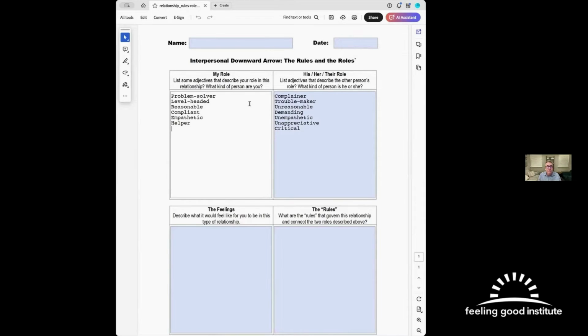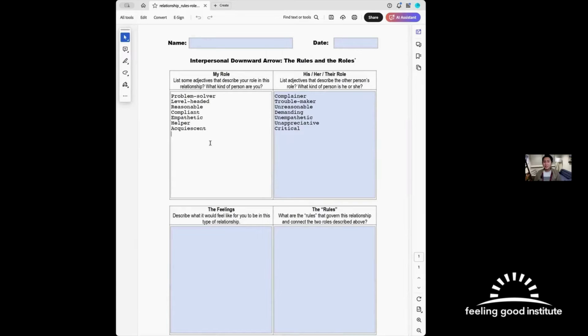Something that jumped to my mind when I'm looking at demanding is that it sounds like you're sometimes pretty acquiescent, like you give in to the demands and try to help. Is that what you do? Yeah, absolutely. That fits me perfectly. Hopefully I'm spelling it right. Well, that's kind of a $5 word, but okay. That's a pretty good list too. Do you think we're capturing your role well here?